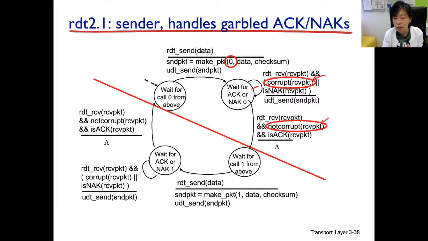So if we receive a feedback packet from the network layer, and we check that it's not corrupted, everything is fine. And that packet is a positive feedback. That means what? Transmission of packet 0, perfect. So we do nothing and then we move on to wait for call from above again.